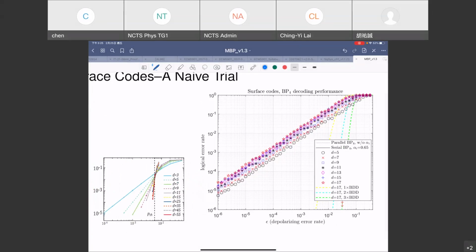But on the right side, if you apply BP, you see if you increase the distance to d equal to 5, the performance is even worse than the short distance code, right? The performance is terrible. So we want to improve this situation. Okay.